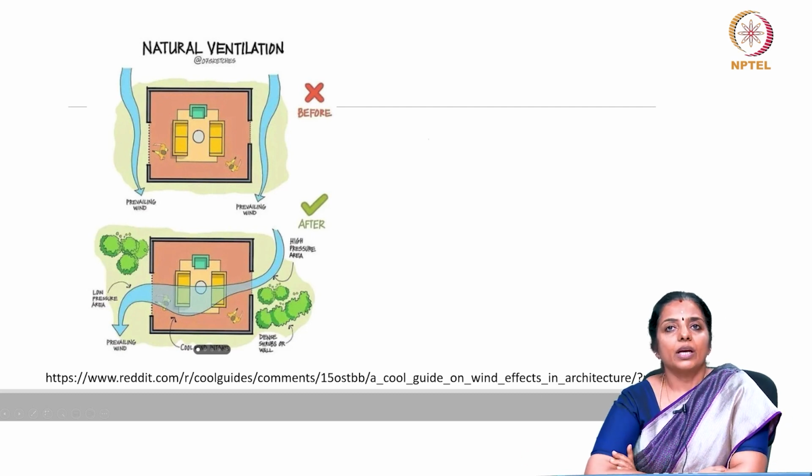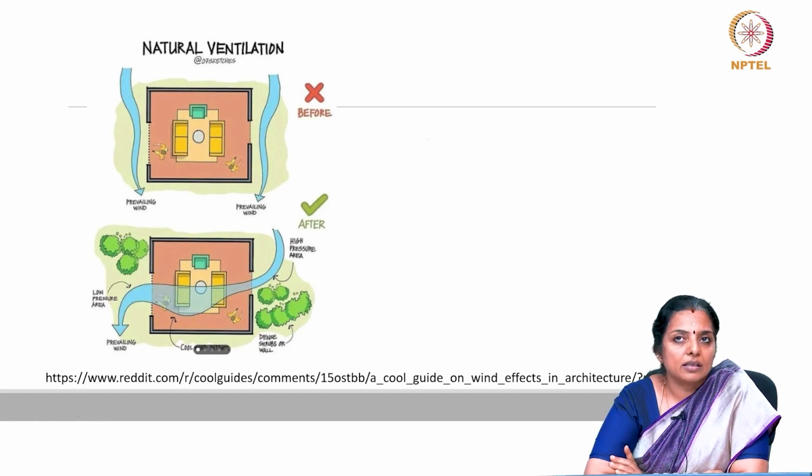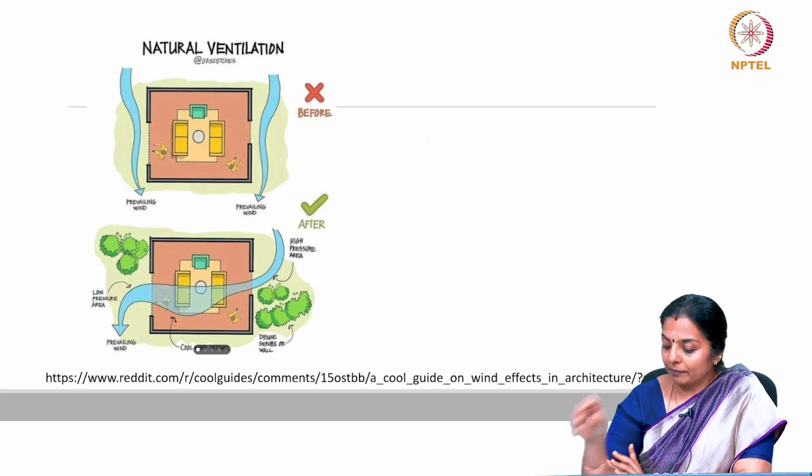Now in hot dry climates, windows need to be appropriately shaded. It is preferable if they are small in area. Being a sunny zone, smaller openings would allow sufficient daylight.